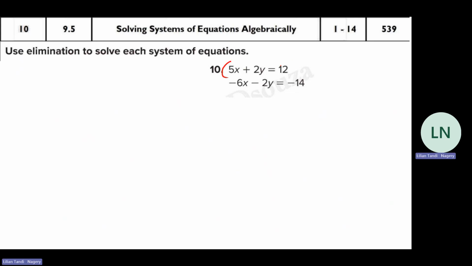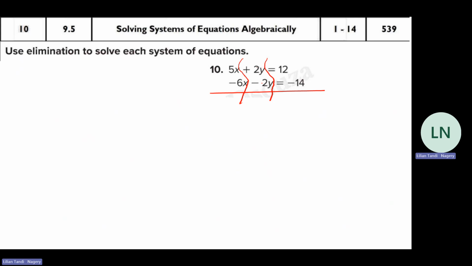Who am I eliminating? Oh, I don't need to multiply because the coefficients are opposite. And because the coefficients are opposites, I don't need to multiply. Always check if you have opposites or the same coefficient. Okay?